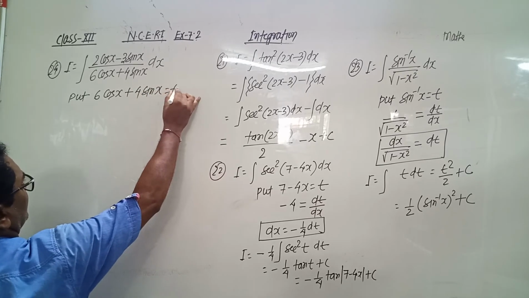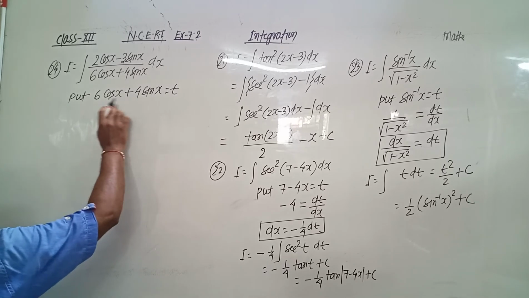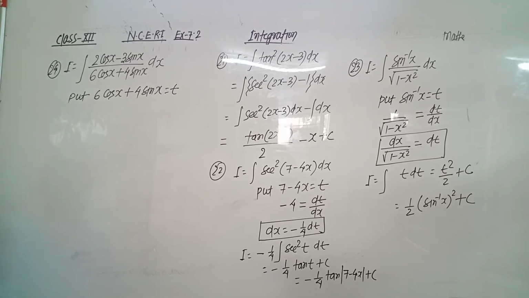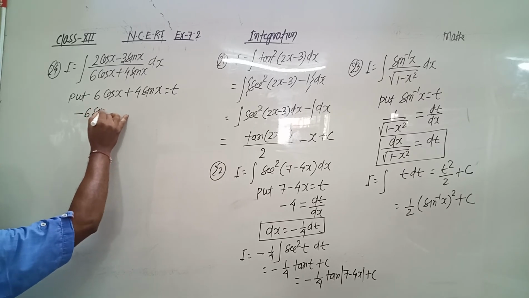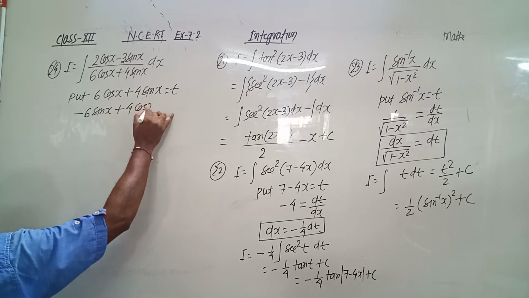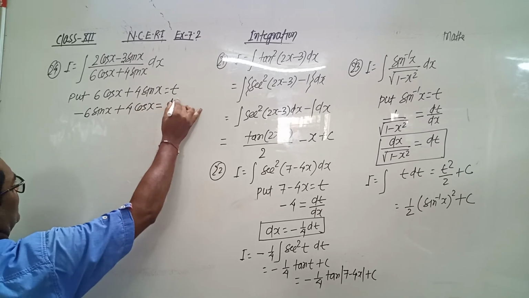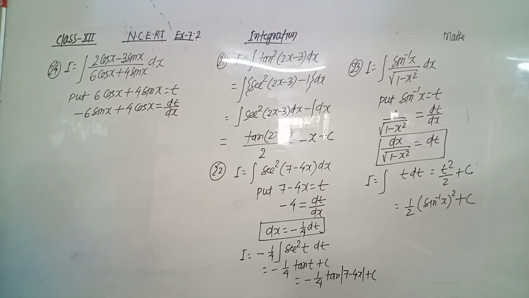equals t. Differentiate both sides with respect to x. Differentiation of cos x is minus sin x, so minus 6 sin x plus 4 cos x, as differentiation of sin x is cos x, and differentiation of t is dt by dx. We take 2 common.